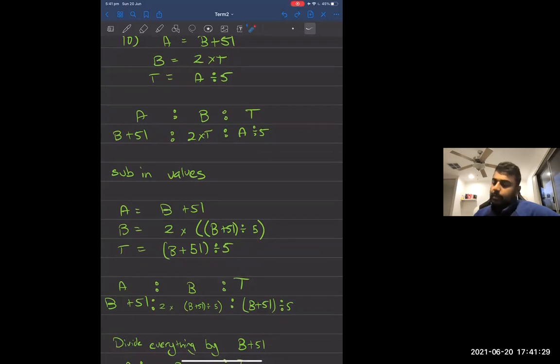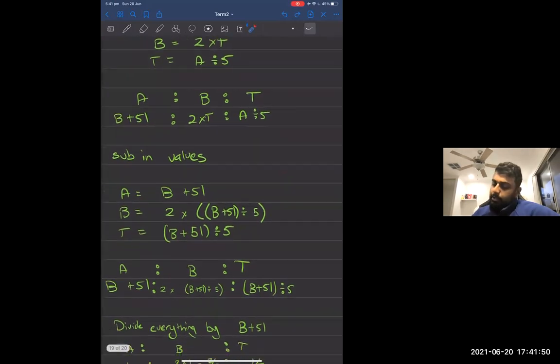Yeah, over 5 and divided by 5, same thing. 1 over 2 is the same as 1 divided by 2. Good question. 8 over 2 is the same as 8 divided by 2, which is 4.